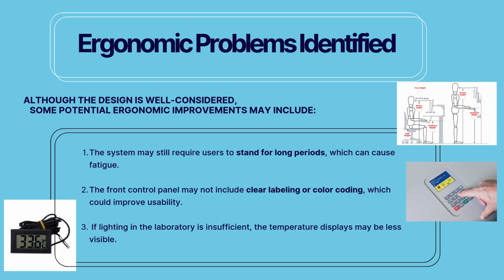And the fourth, human act as a controller. With this fact, we can reflect how I identify the problem around the heat exchanger. Although the laboratory design heat exchanger has been designed with good ergonomic consideration, several area can still be improved to enhance user comfort and efficiency.